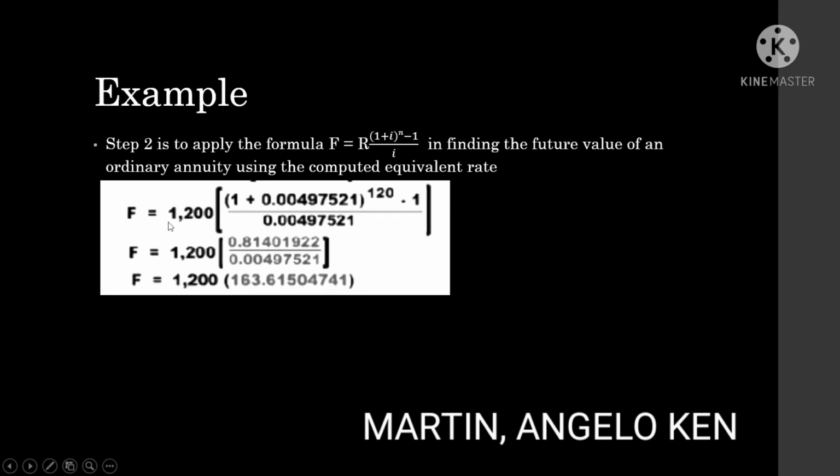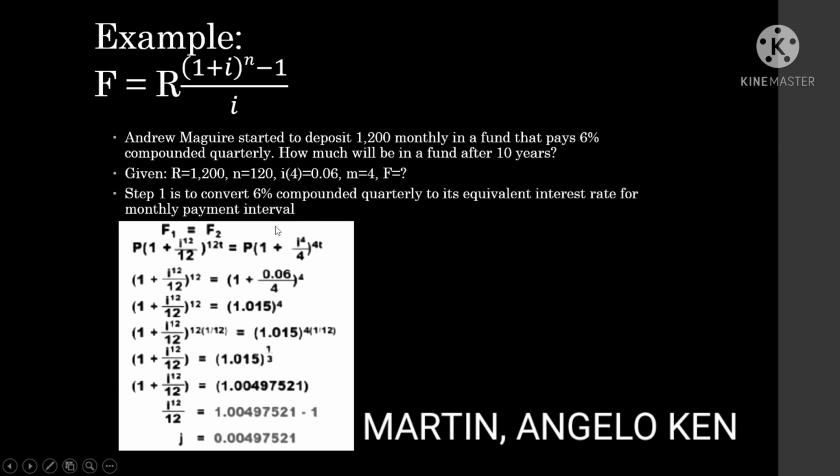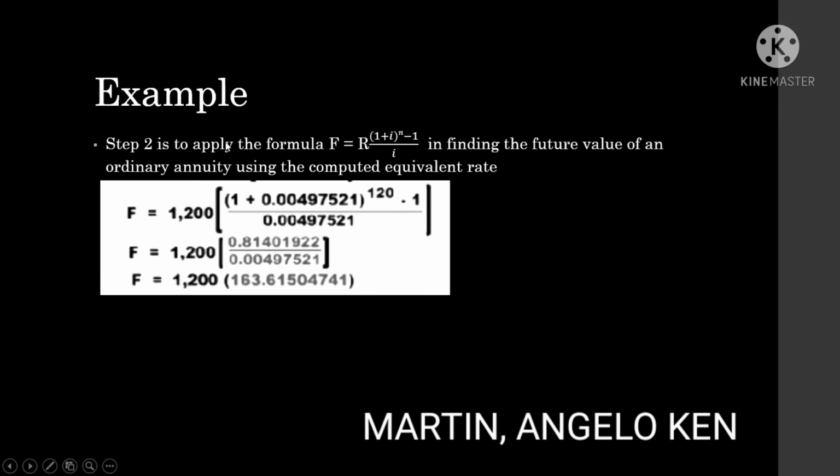Substitute into the formula: 1200 times ((1 plus 0.004975) raised to the 120, minus 1) divided by I.